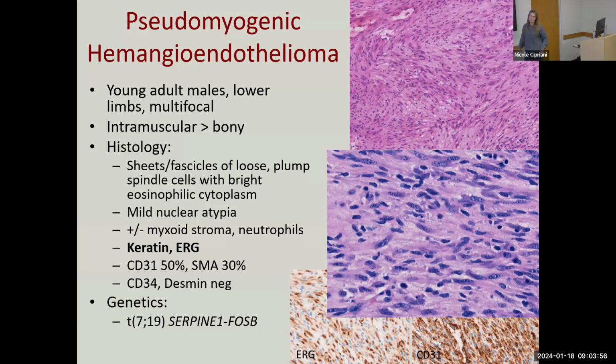It will show you no red cells, no blood vessels, no blister cells, but it stains for ERG and CD31, and also for SMA and keratins. So it's got this weird hybrid immunoprofile. It tends to be in muscles and bones, and it's again defined by a gene rearrangement. Why it's called a hemangioendothelioma, I don't know, because it has ERG and CD31 expression. To be determined if this stays as a hemangioendothelioma, but right now it is.